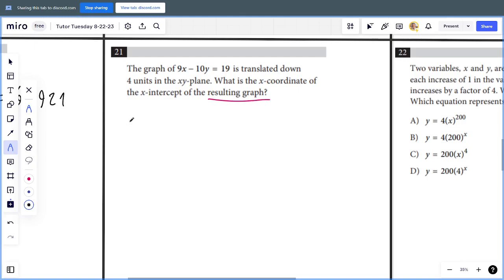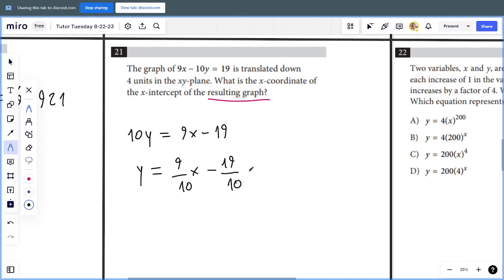What I would do is get this into slope-intercept form, so y equals mx plus b, which means that we'd get something like, let me move the 10y onto one side, and then we're left with 9x minus 19. Then if you divide everything by 10, we get y equals 9/10 x minus 19 over 10.